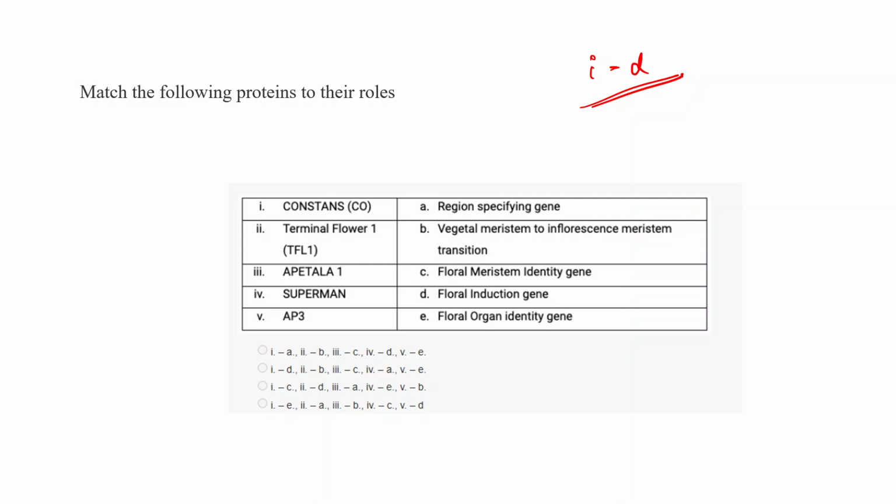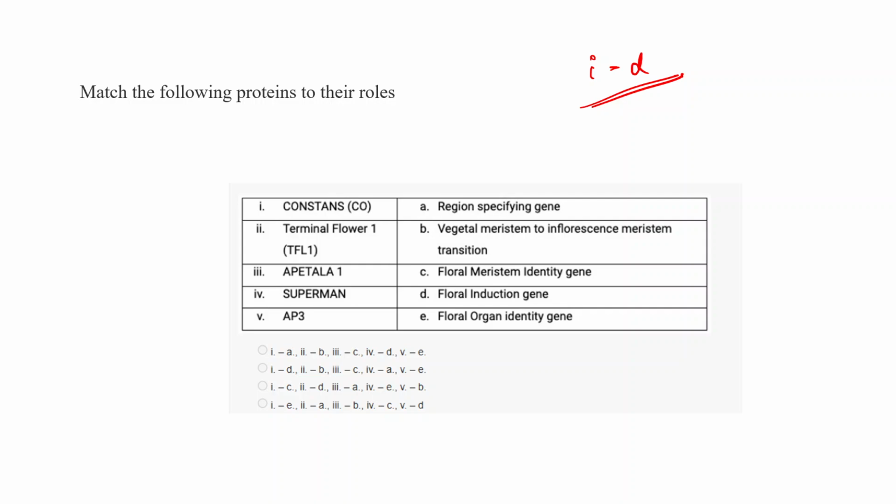So according to the information provided, which option will it go with? It will go with option number C. So third is C. Fine. Next is Superman. So what is the function of this particular gene?